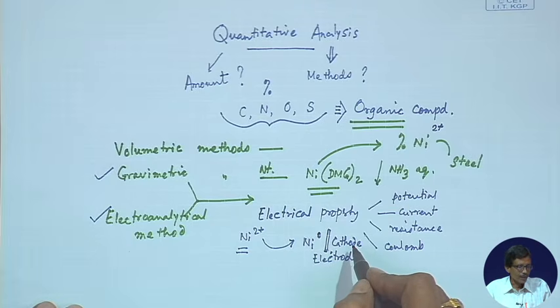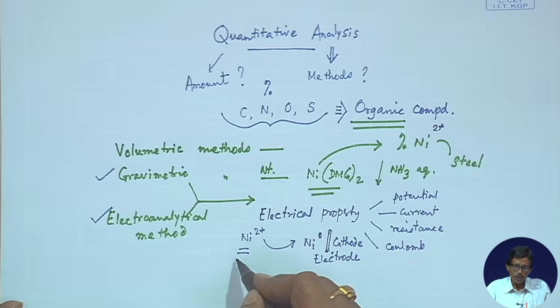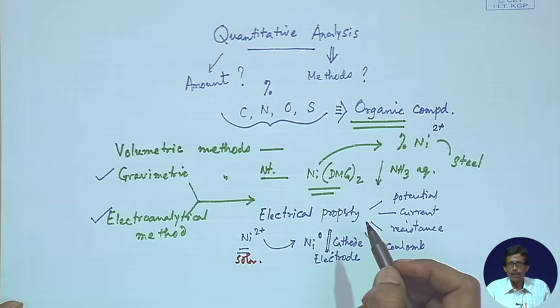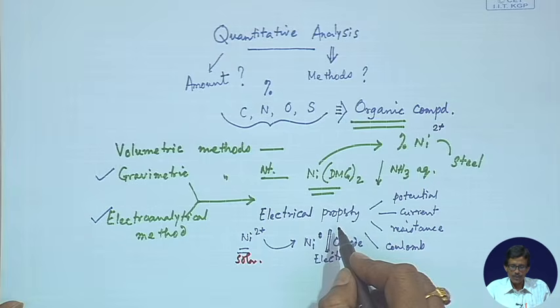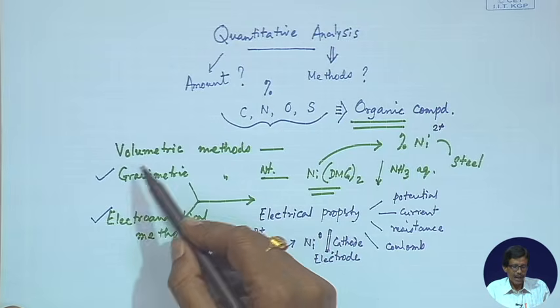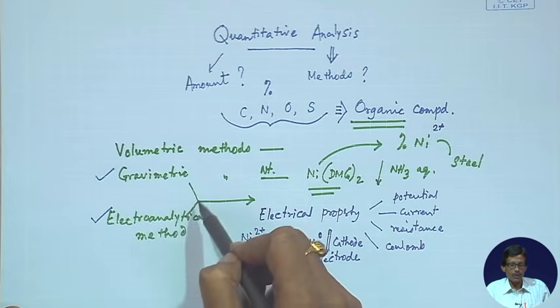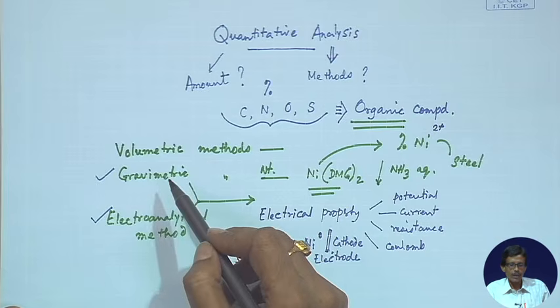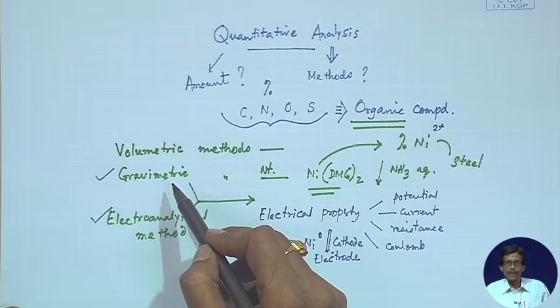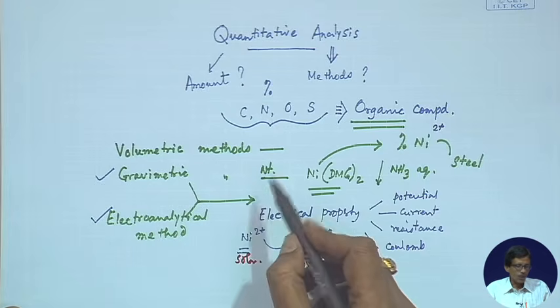If we can get the corresponding weight difference during this electrolysis process, where nickel 0 is forming from Ni2 plus from the solution, which is on the surface, this change in weight gives rise to a combined form which can be termed the electrogravimetric method. So, the electrogravimetric method is a combined form, utilizing the techniques and knowledge of gravimetric analysis with our electroanalytical method to give rise to the electrogravimetric method.